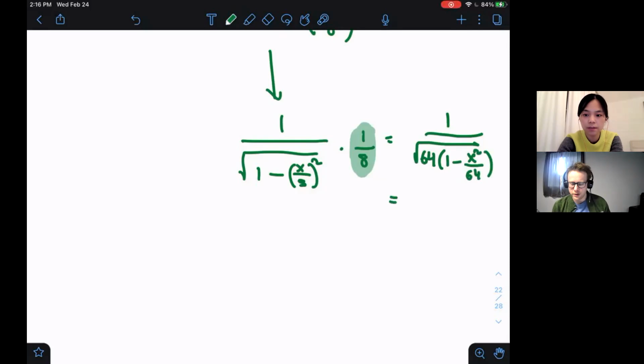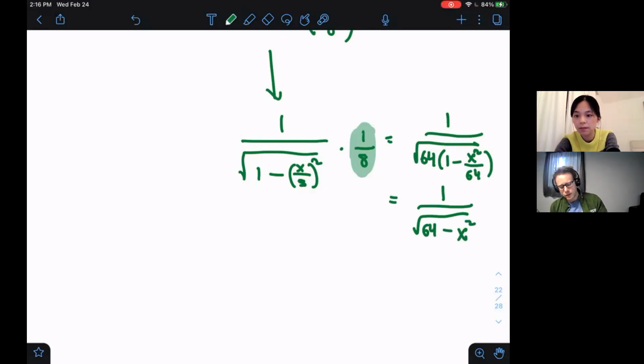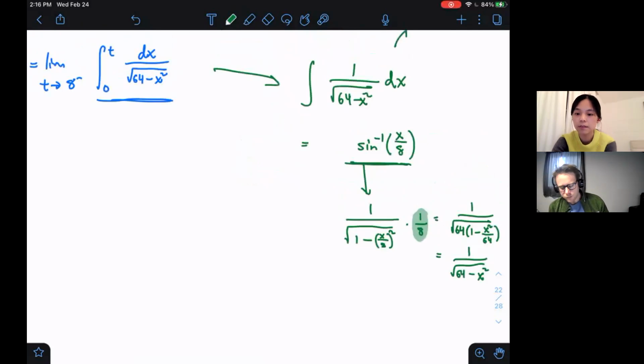Now when you distribute that 64 to both of the pieces, you get the square root of 64 for the first piece. And for the second piece, the square roots on top and bottom perfectly cancel, and so you just get x squared. And so we can see that this right here is the correct antiderivative, because when I take the derivative of it, I get back to where I started.